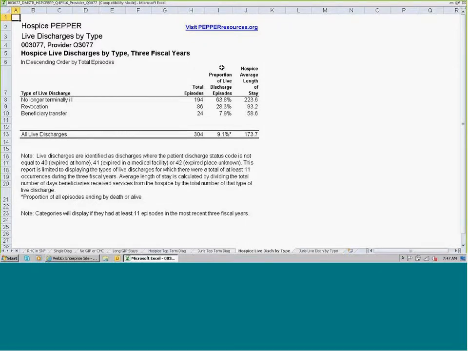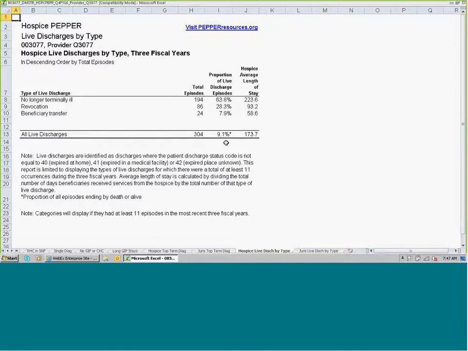We then calculate the proportion of live discharge episodes that are comprised by each of those categories, and we calculate the average length of stay at the hospice for each of those categories. In this cell, you will find the overall live discharge rate. So this is the live discharge rate identifying the proportion of all episodes ending by death or alive that were discharged alive.